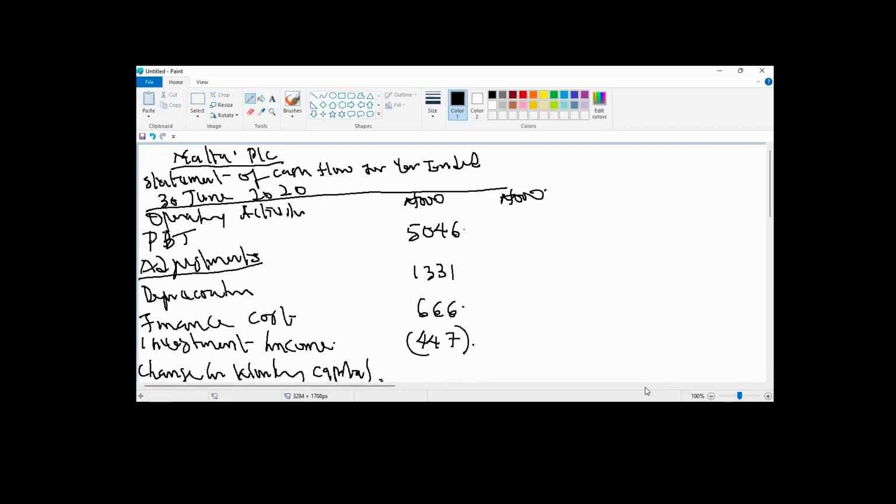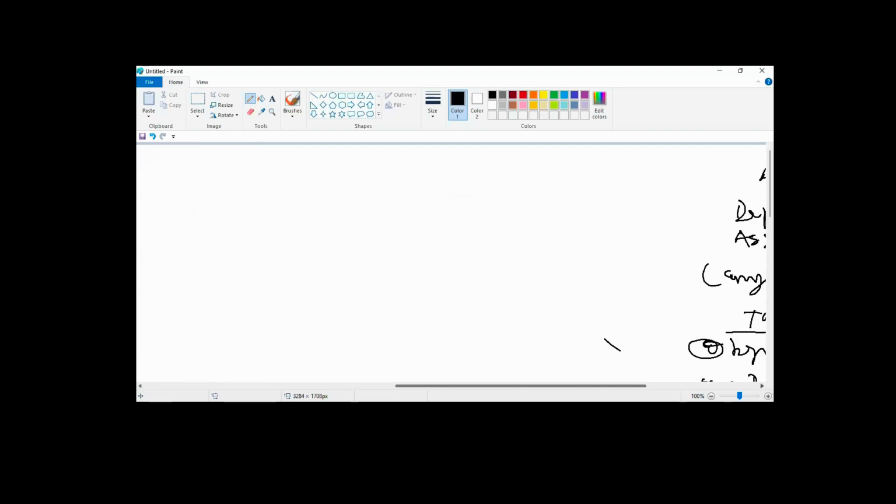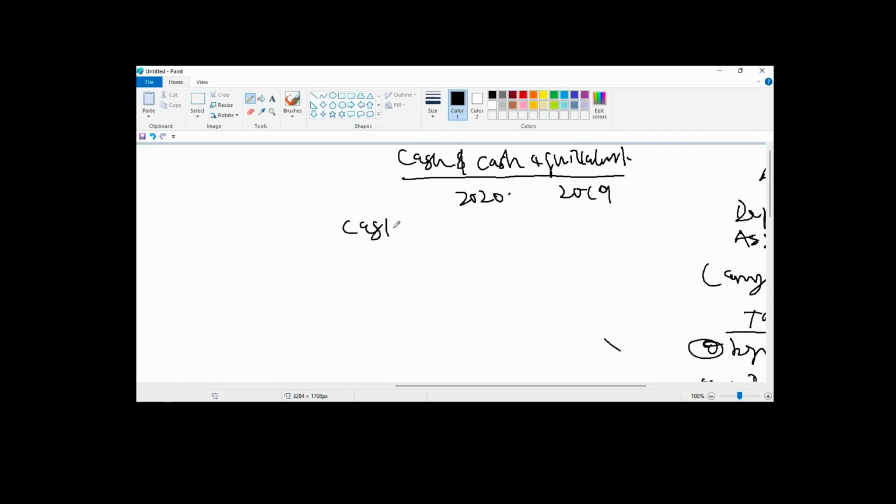We are doing for 2020. So what is the cash in 2019? At the beginning it was 888.